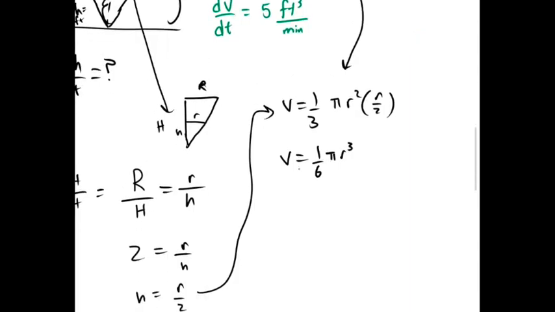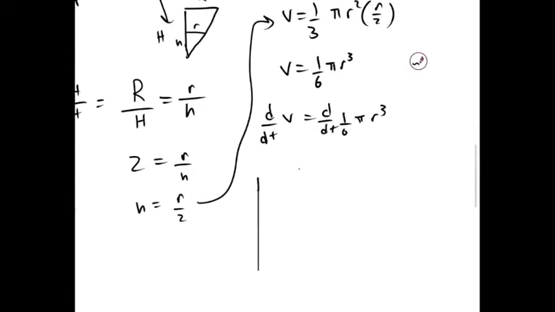If we differentiate both sides, we get dV/dt equals 1/6 pi times 3r squared dr/dt.